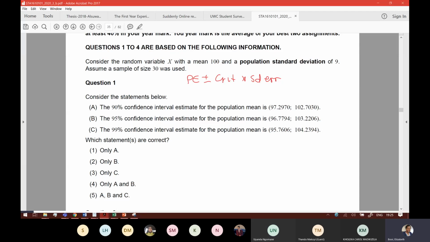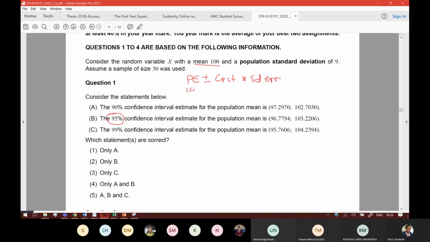Since here we're using the population standard deviation is known, and just for the critical value, I'm going to use the 95% confidence interval. So our point estimate in this instance will be our sample mean of 100.